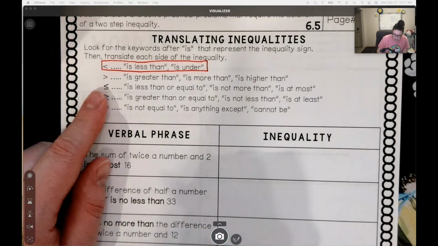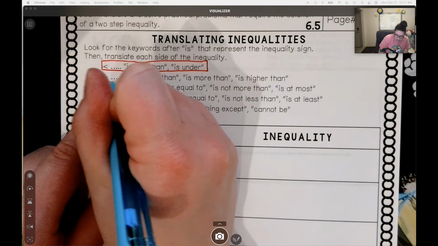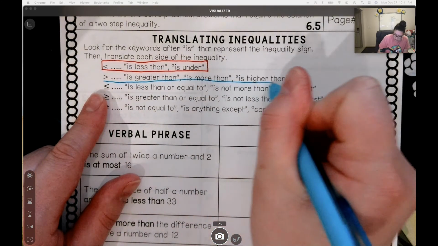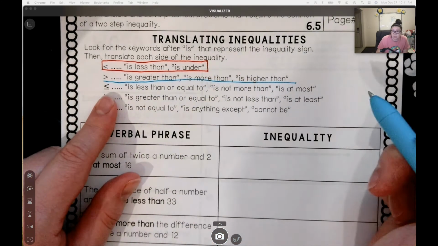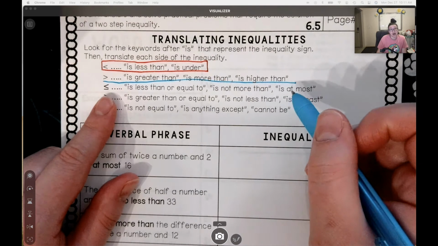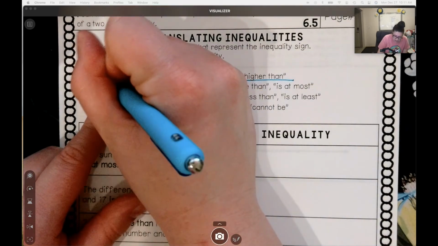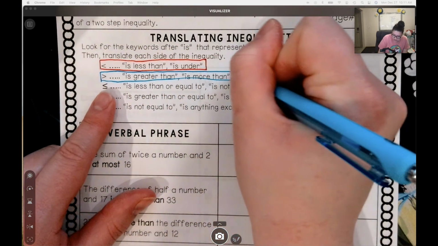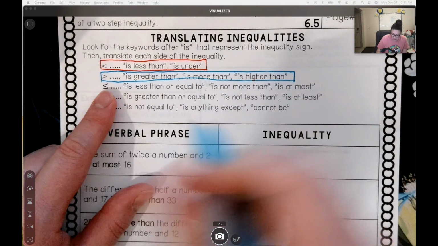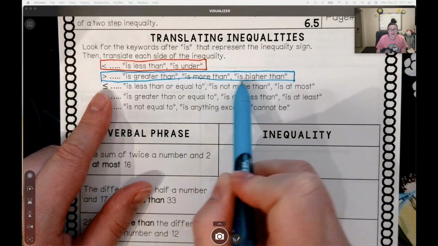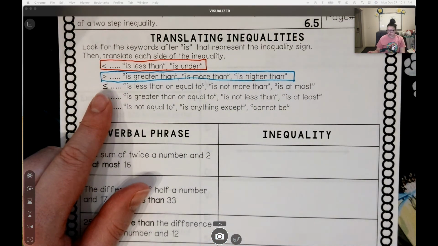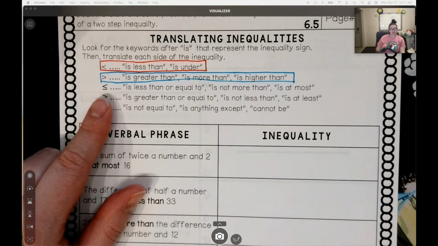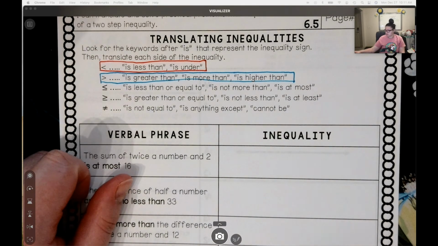Next symbol we have is greater than. With the greater than symbol, you might also see the words is more than or is higher than. Again, they are all meaning that we need to use that symbol, greater than. Those aren't the only words. There's plenty more that you might see for all of these inequality symbols.